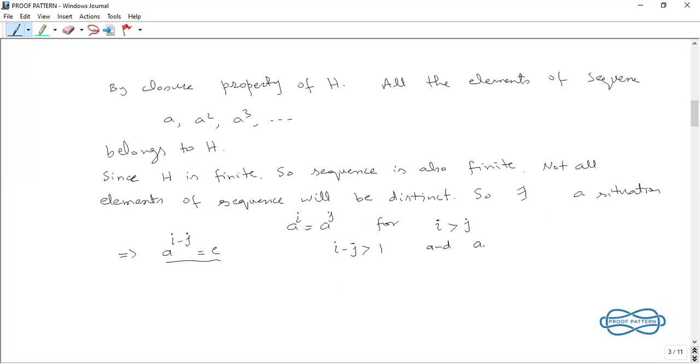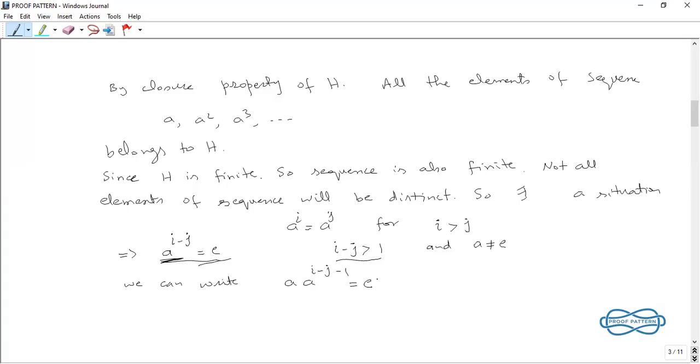And as a is a non-identity element, as we considered, we can write a^(i-j) as a times a^(i-j-1), because i minus j is greater than 1, and this is equal to the identity from here.